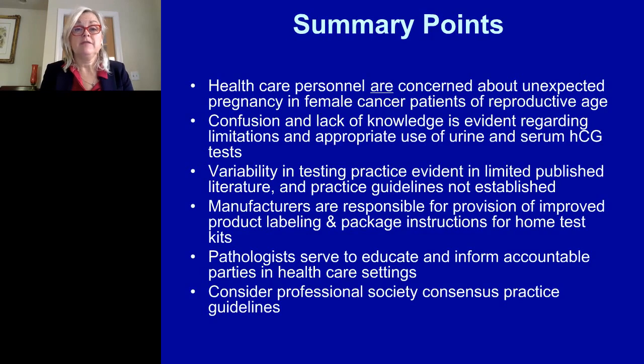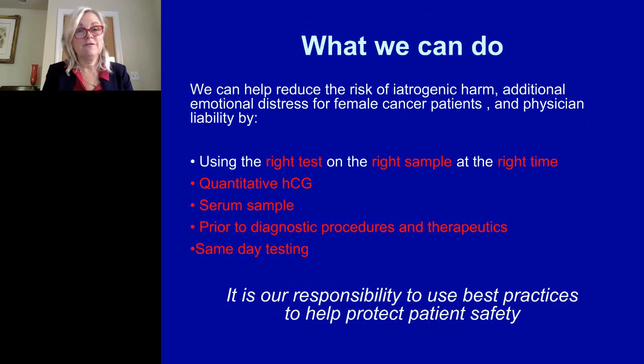We know that manufacturers are responsible for provision of improved labeling and package instructions for home test kits, which certainly have a place in the medical home. And pathologists serve to educate and inform the accountable parties in healthcare settings.